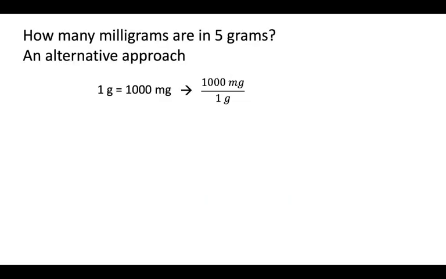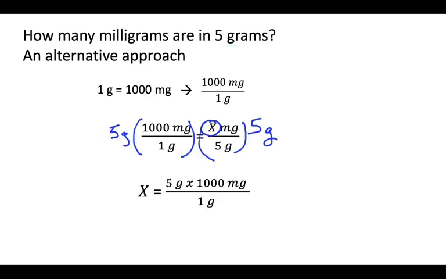Here's an alternative approach to the same problem. We know that 1 gram equals 1,000 milligrams, and we can write that as a fraction, 1,000 milligrams over 1 gram, because that's equal to 1. These terms are synonymous. Now, given that, we can actually set up a ratio. If we've got 1,000 milligrams over 1 gram, that will equal some number x, which is what we're looking for, over 5 grams.